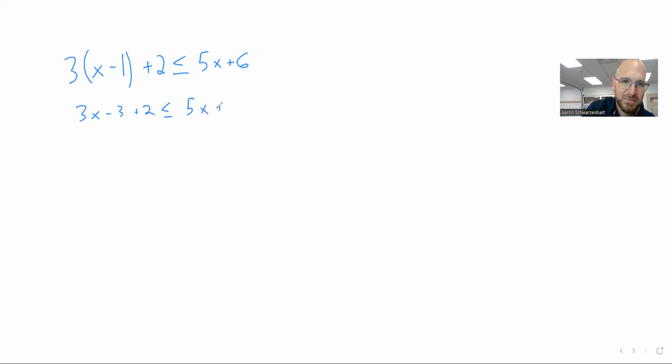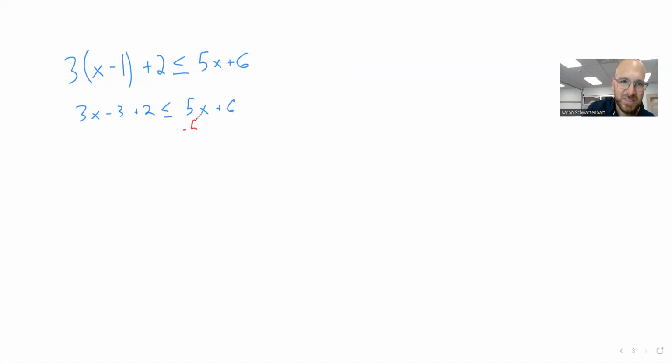Example 4 involves an inequality. It's going to look very similar to solving an equation. So again, I'll start by distributing. 3x minus 3 plus 2 is less than or equal to 5x plus 6. I'm going to move my x to the right this time because that'll keep it positive. Actually, no, I'm going to do it to the left so I can show something else.